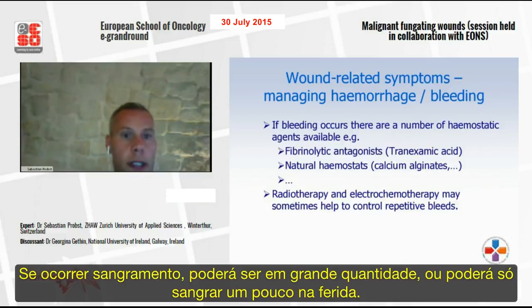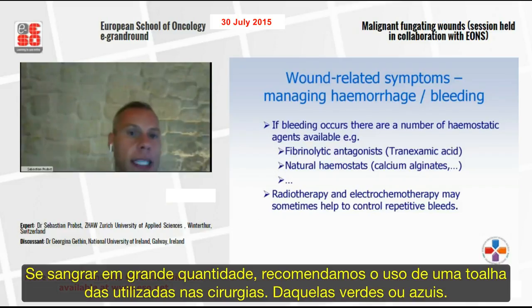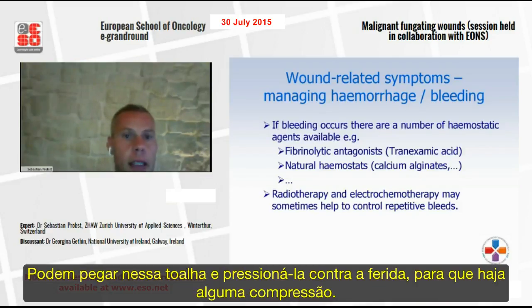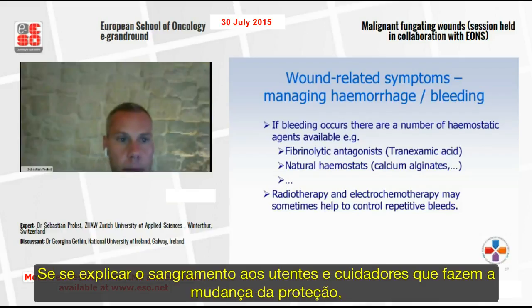If bleeding occurs, it can be heavy bleeding, or it can only bleed a little bit in the wound. If there is heavy bleeding, we recommend to take a towel like from the OR, the operating room. That means it is either green or blue. You can take that towel and press it against the wound so that it has a little compression.